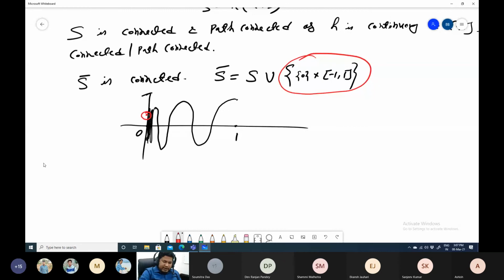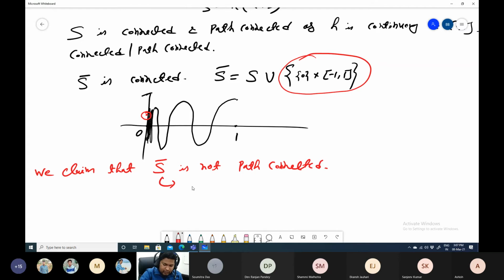Now we claim that S bar, S closure, is not path connected. This is called the topological sine curve.